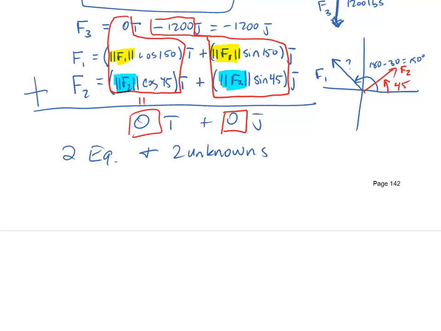What does the equation look like? Let's fill it in. Okay, so I'm going to write this in blue. I've got 0 plus the magnitude of F1 from here, cosine of 150. Now, cosine of 150 is actually in our 30-degree family, so we know that that is negative square root of 3 over 2.